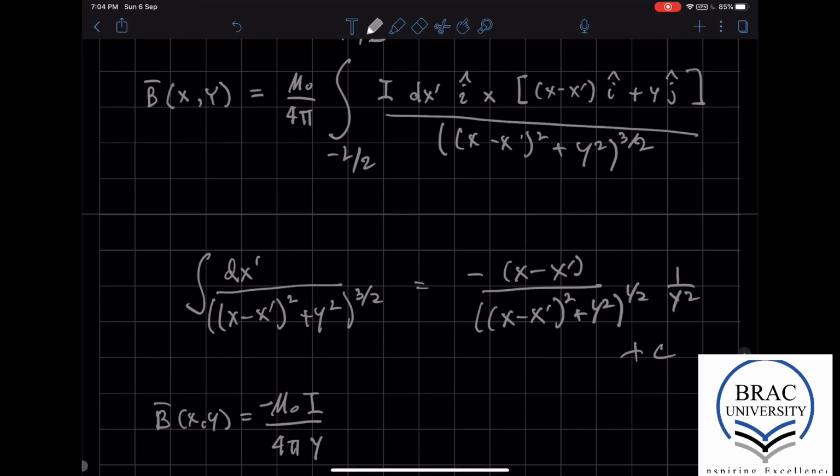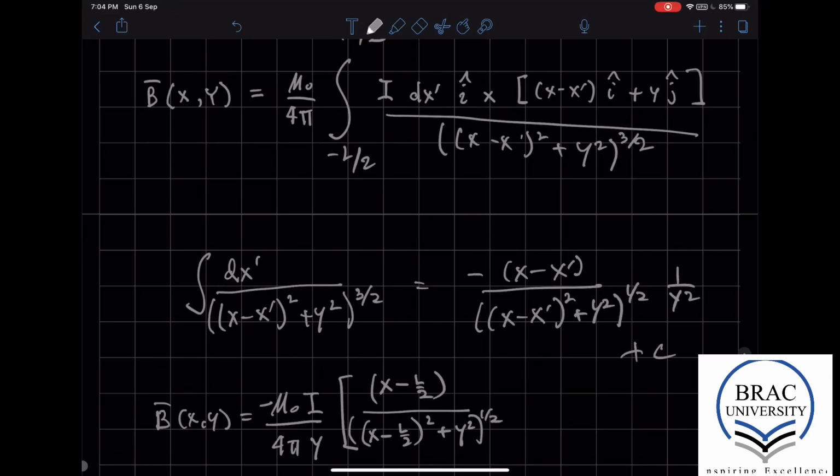For the upper limit, for x minus x prime we get x minus L by 2 in the numerator, and in the denominator we get (x minus L by 2) whole squared plus y squared, the whole thing under a square root.